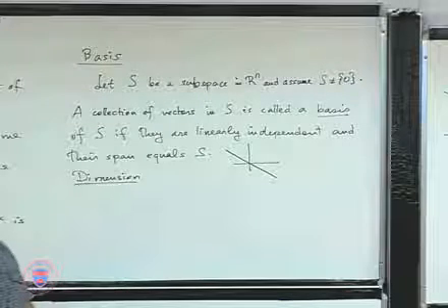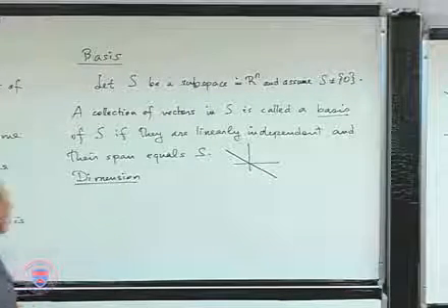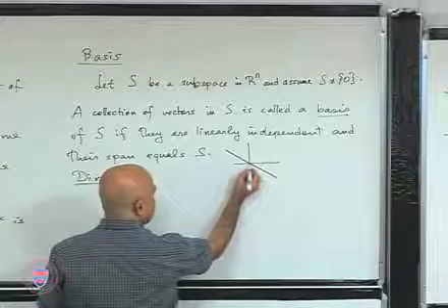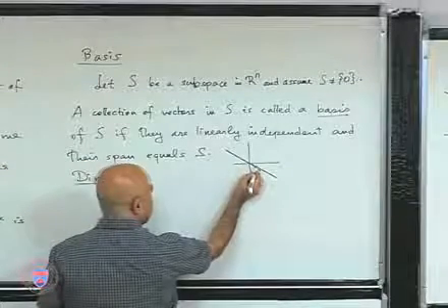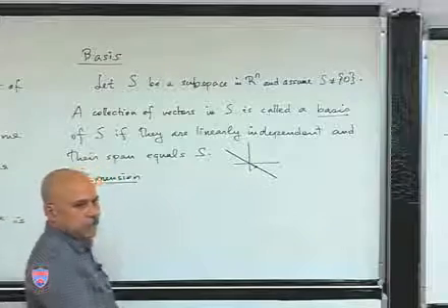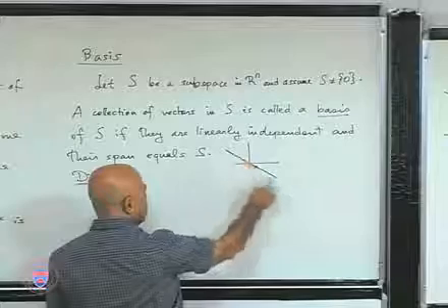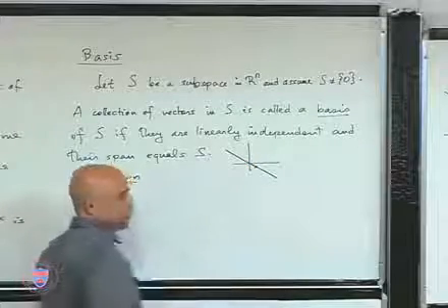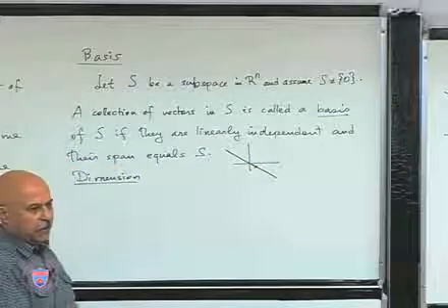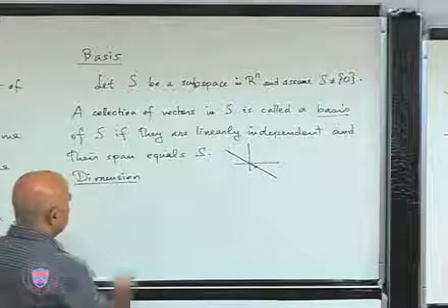You just need 1. Because if you have a single vector which points this way, for example, if you take any linear combination of that, including 0, you get the span of the entire set. Okay?